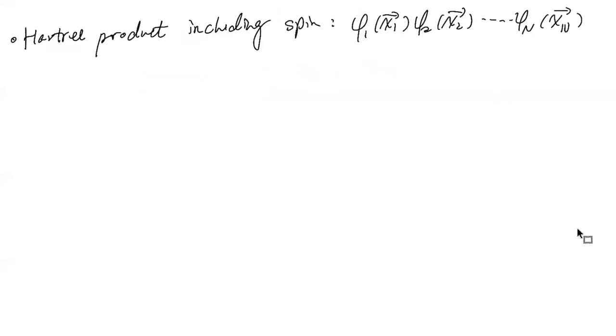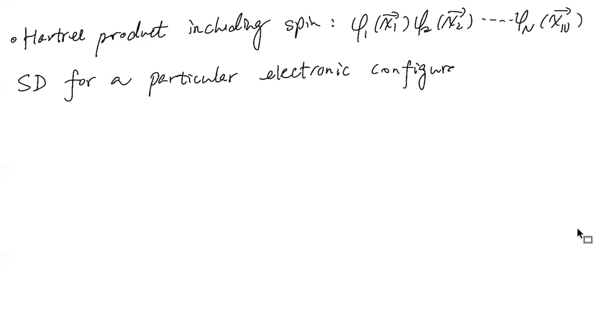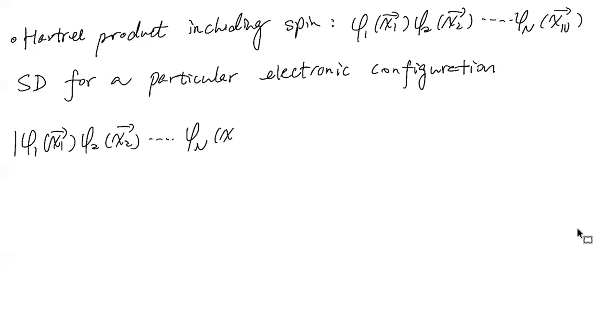And the Slater determinant for a particular electronic configuration, so phi 1 x1, phi 2 x2, phi n xn. Here we're talking about a particular electronic configuration with a set of spin orbitals.